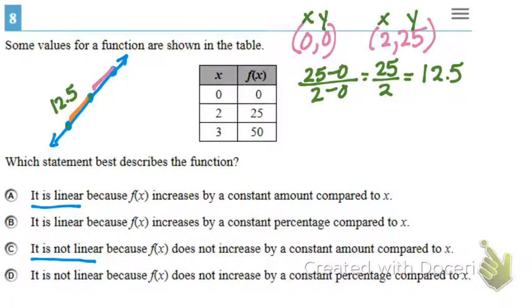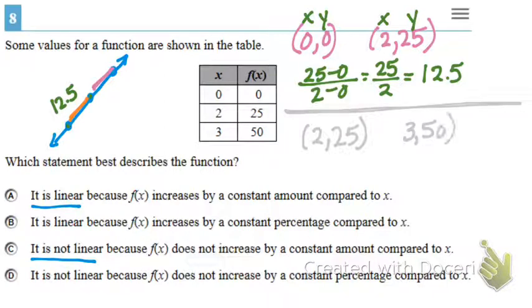Now let's see if the slope between the other 2 points is also 12.5. So our other 2 points are 2, 25 and 3, 50. So again, we're going to label them x, y, just to be careful.